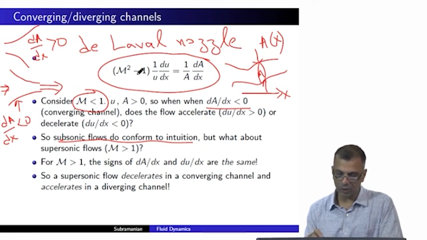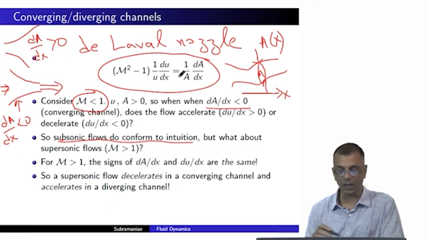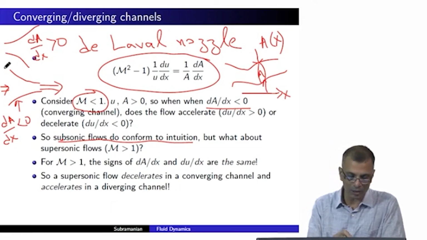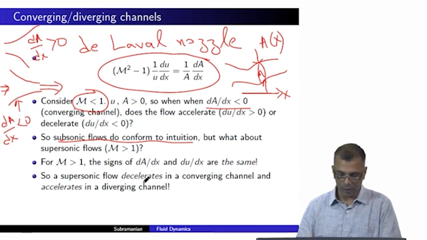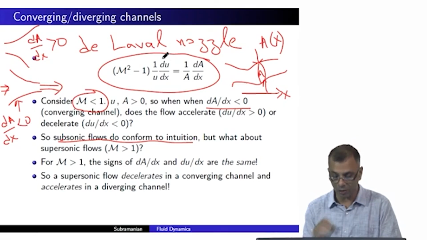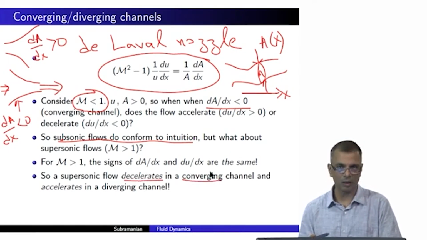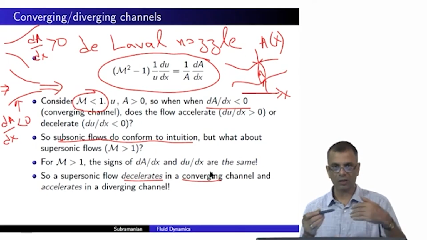So the signs of du/dx and dA/dx are the same, because A and u are all positive, so there's no scope for this to change sign. If dA/dx is negative, in a situation like this where the channel is being squeezed, the flow decelerates: dA/dx is negative and du/dx is also negative. So the flow decelerates in a converging channel, which is opposite to our intuition about subsonic flows.